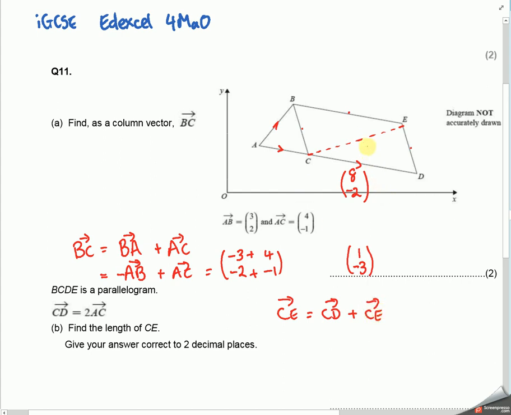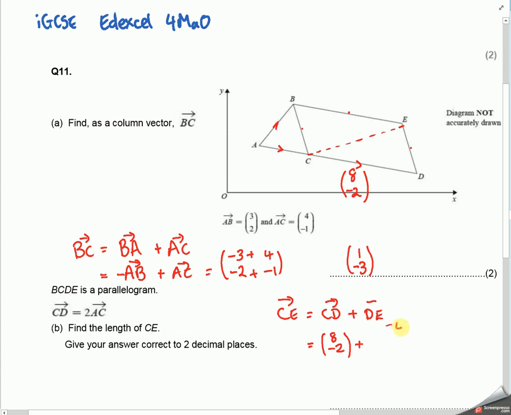And we know CE is minus the vector BED. And ED is the same as the vector BC because it's a parallelogram, it's parallel and equal sides. So this vector is also equal to CD, which we've just calculated as 8, minus 2. Add on the negative form of, I want to talk about C here, for it should be DE.